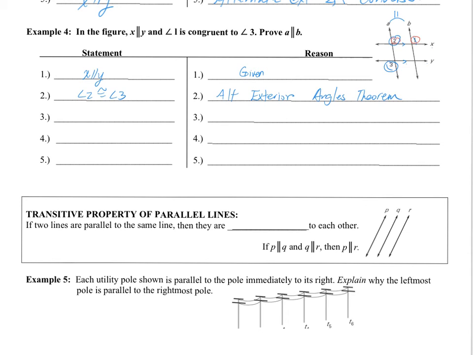And now I also know that angle 1 is congruent to angle 3 because it's given. And now by the transitive property, I can state that angle 2 is congruent to angle 1, which was what I wanted in the beginning.